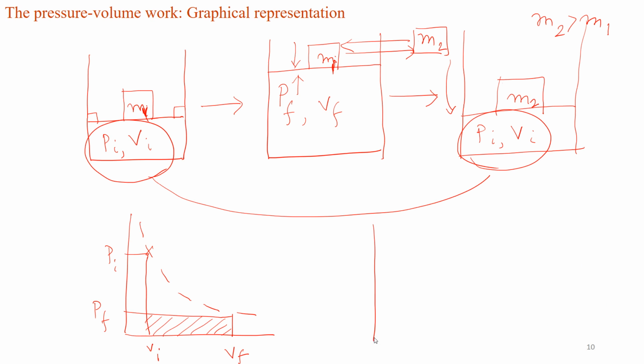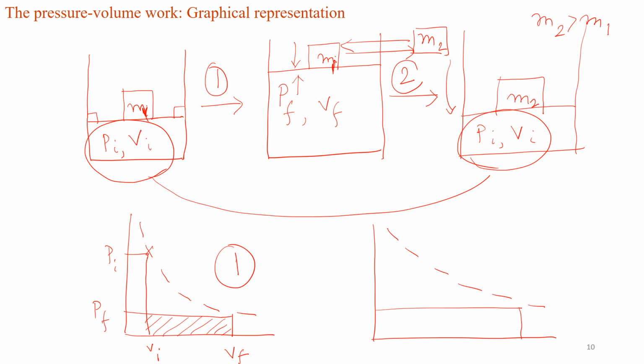However, when we did the opposite process, we started from our initial state, remember, this Pf. So this is process number 1. This is the work done in process number 1, which is an expansion work. This is process number 2, so it's the work done in the compression.